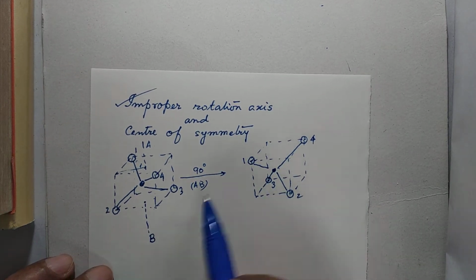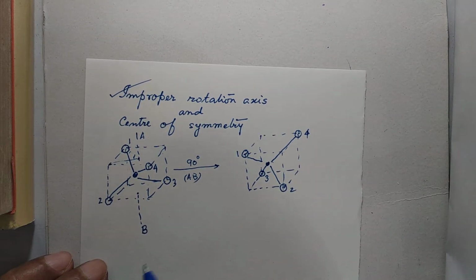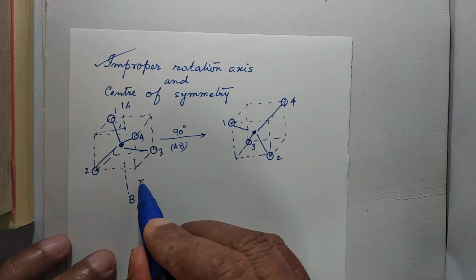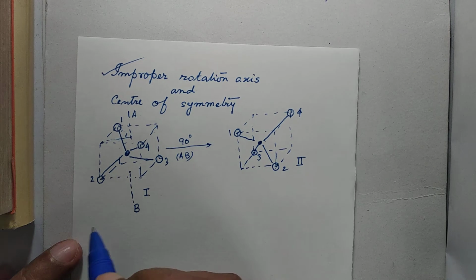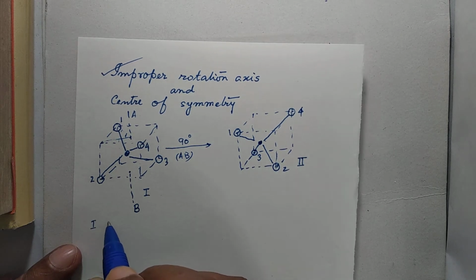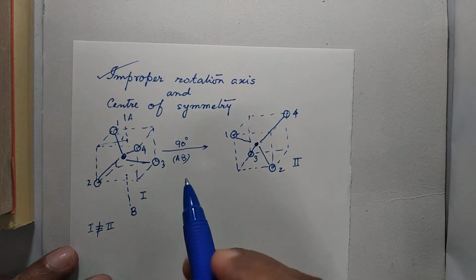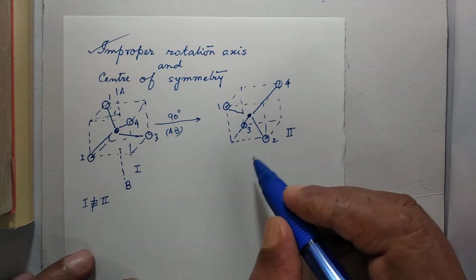Clearly, this is an inverted configuration. These two are not the same. If we call it 1 and this one 2, then 1 and 2 are clearly not equivalent. Therefore, this 90 degree rotation is not a symmetry operation.